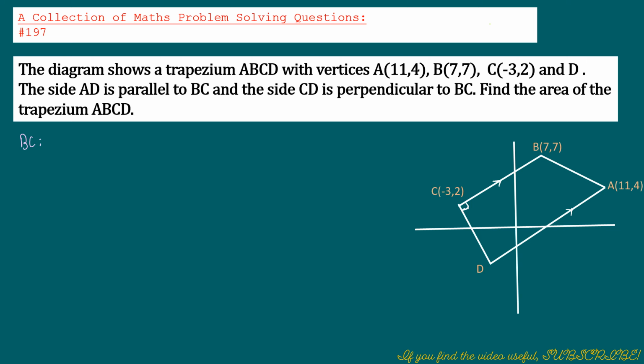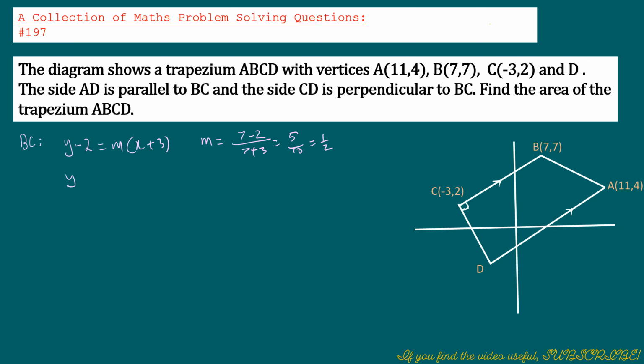So the equation of the line BC would be y minus y1, so y minus 2 equals slope m times x plus 3. So m equals 7 minus 2 divided by 7 plus 3, that is 5 out of 10, and that is half.